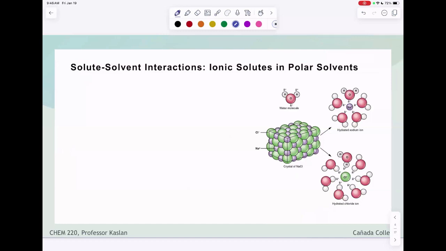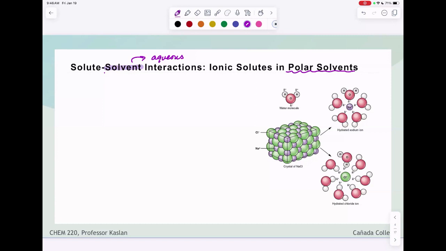So let's talk solute-solvent interactions. And again, when we're talking about solvents here, we are talking about aqueous solutions, right? So this is a conversation that can now be framed as presuming when we're looking at a polar solvent, we are looking at water.